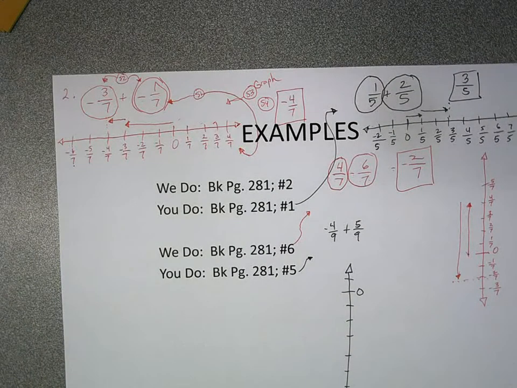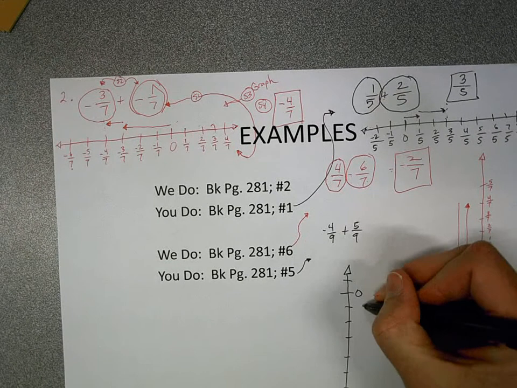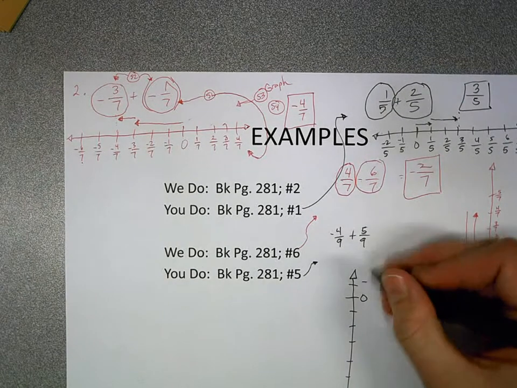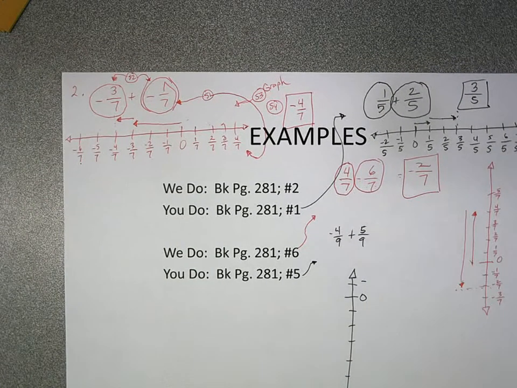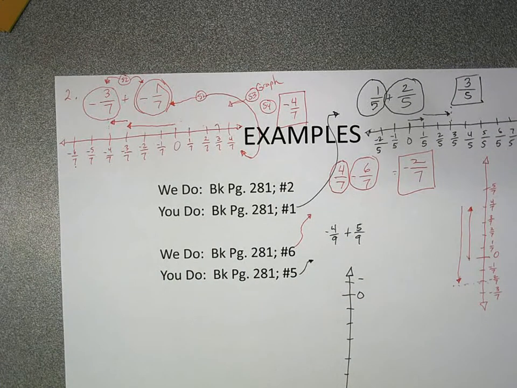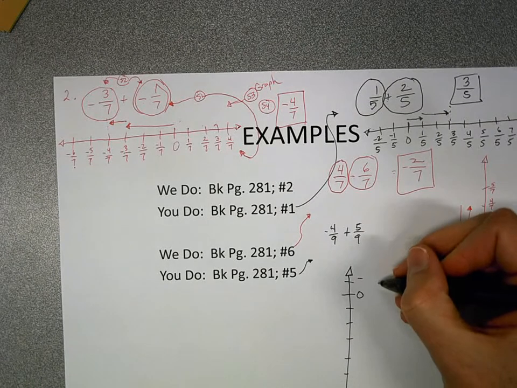Okay, seat 18. So when we build our fractions next to the number line, what's going to be the bottom number? The number that's on the what? Where?